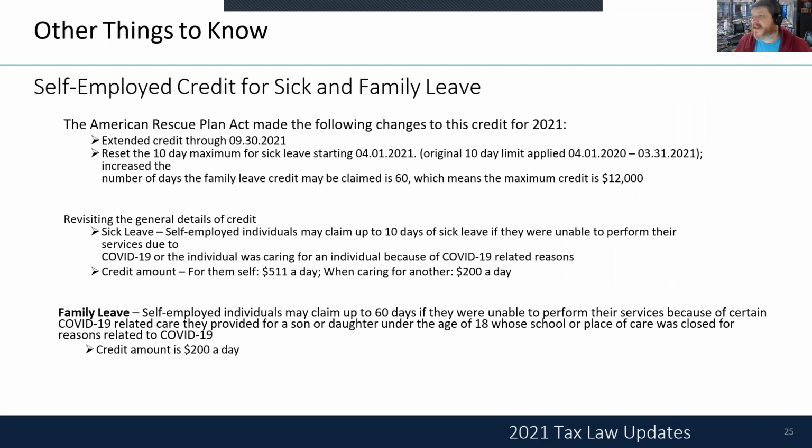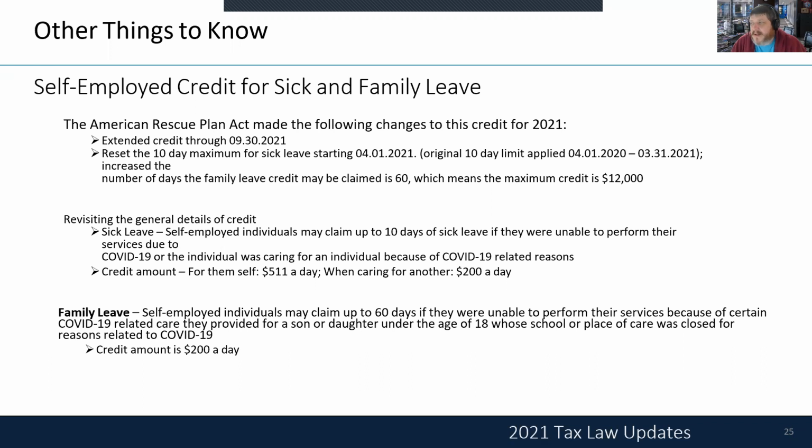So Form 7202. We've got to get some clarification here. Okay. Self-employed credit for sick and family leave. So the American Rescue Plan made the following changes to this credit for the 7202. It extended the credit through September 30th of 2021.